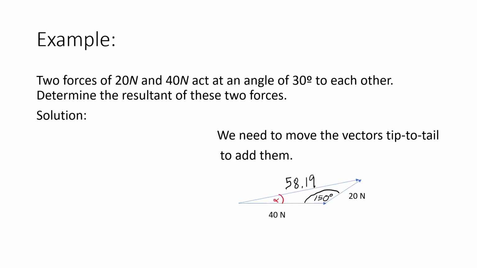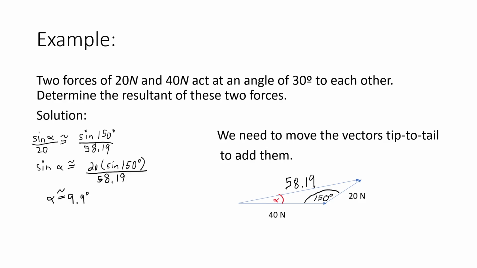But we still haven't fully described the force vector itself because we need a direction. So we're going to see if we can figure out the measure of this angle alpha down here. The reason I'm using that angle is I go back to the tail of the resultant, the part without the arrow, and if I have it tail to tail with another vector, that's going to be a good angle for me to reference when I'm describing the direction.